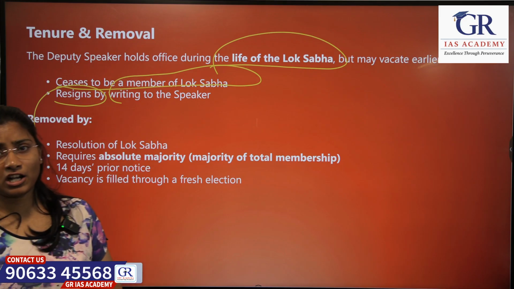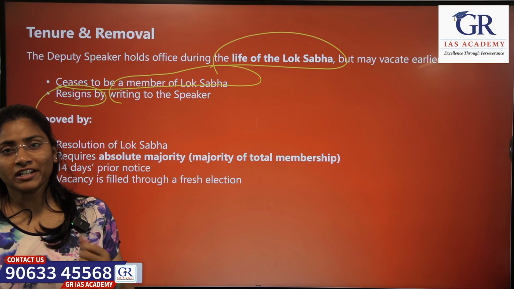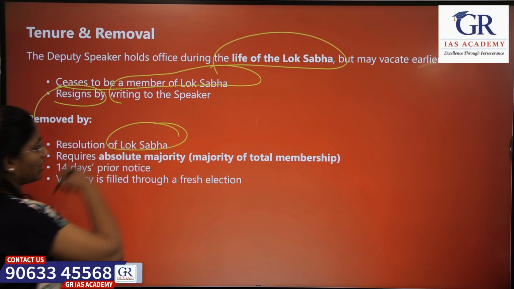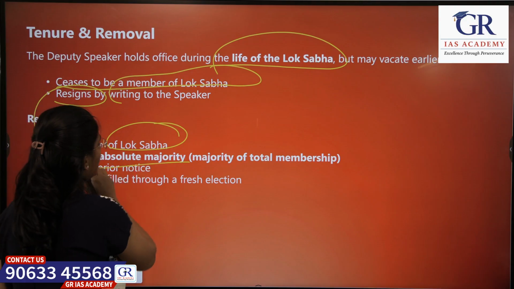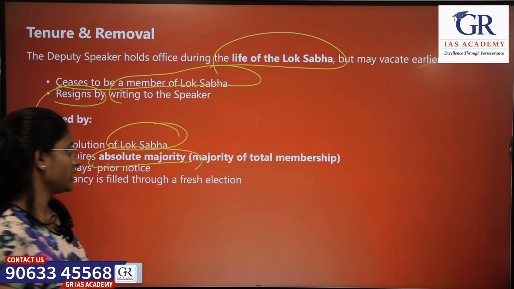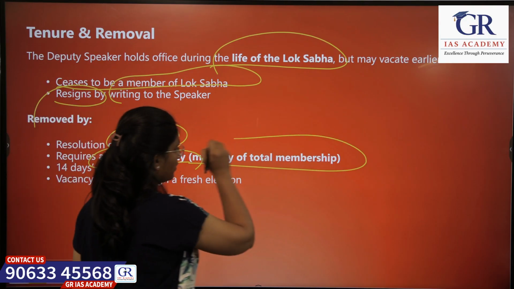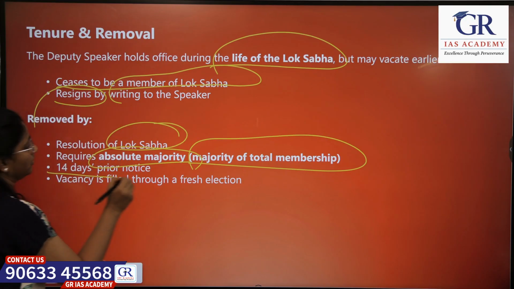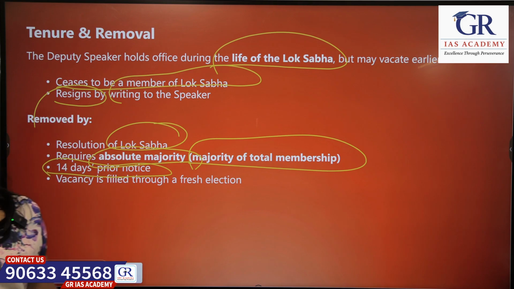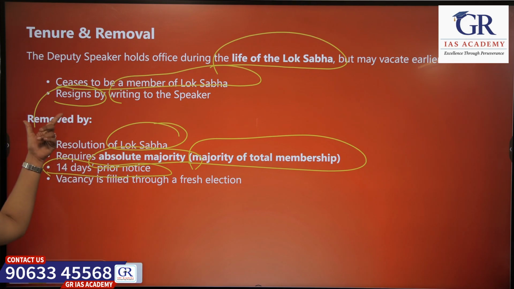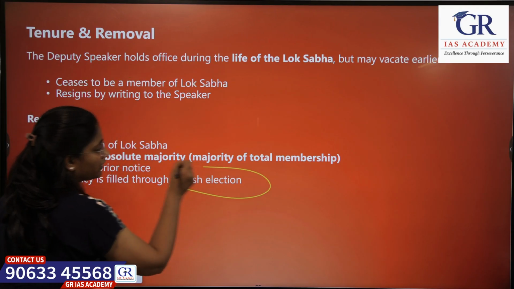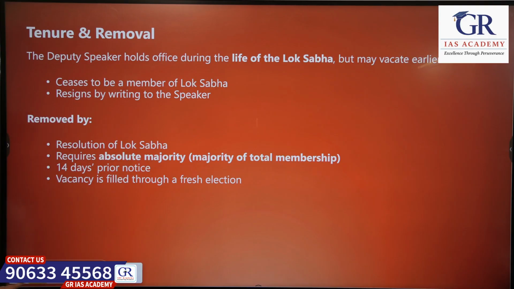Now we know the tenure as well. What is the removal process? He will be removed by the Lok Sabha, and for this there is a requirement of an absolute majority, so half of the total members plus 1. There is a requirement of giving a 14 days notice period if they want to remove the deputy speaker, and the post is filled through an election again.